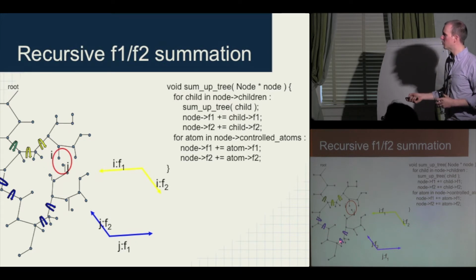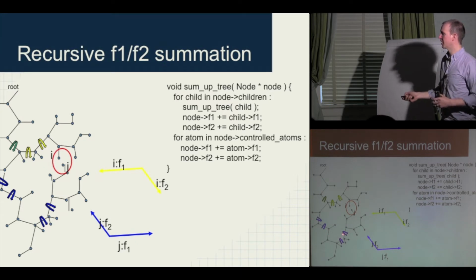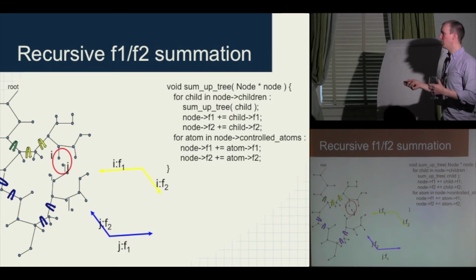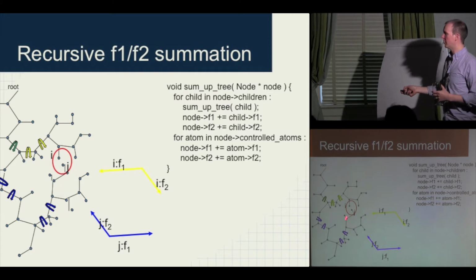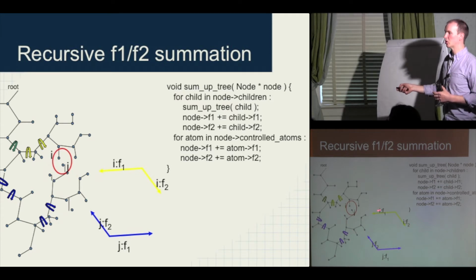Okay, so the tree is of torsions. Let's say I get down to the lowest leaf node in this tree. Then I'll iterate across all the atoms and sum up the F1 and F2 of the atoms that are controlled by this torsion, so everything beneath it, which changes with this torsion. And then I'll return. When I get to this node, I'll descend in this direction and eventually reach this torsion, which controls these atoms.